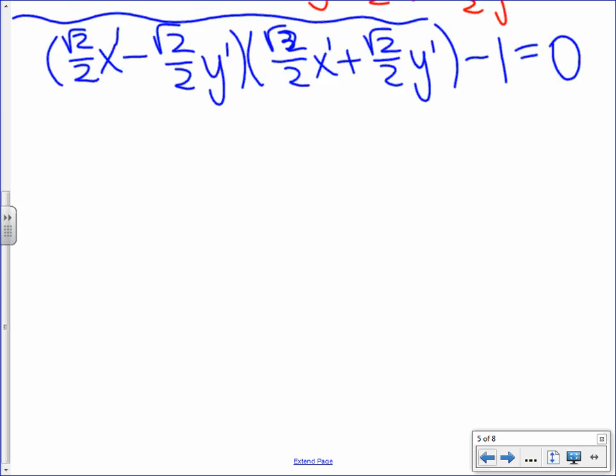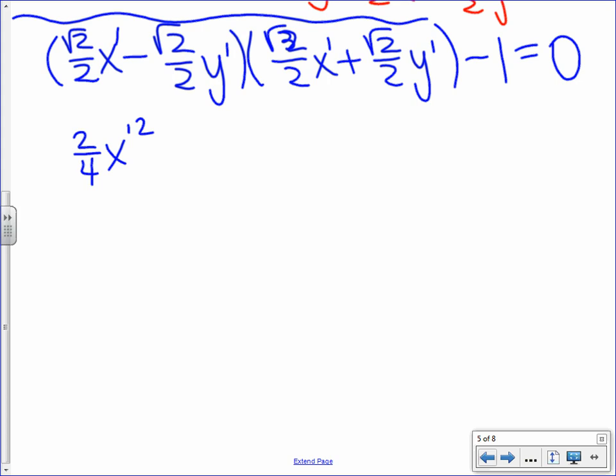We only have one FOIL to do. What's our first product? 2/4 x prime squared.